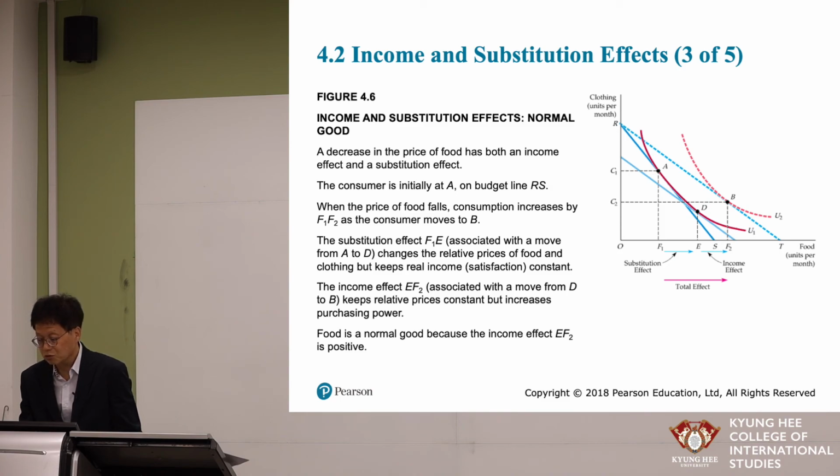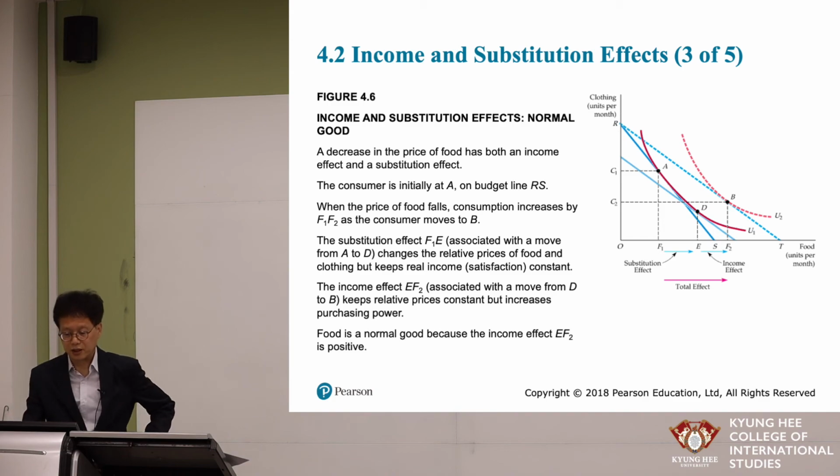Okay? So D to B is the income effect. Actually you already studied this kind of thing in chapter 21 of the main course, Introduction to Economics. Right? So the total effect, for example for the demand for food, is A to B.